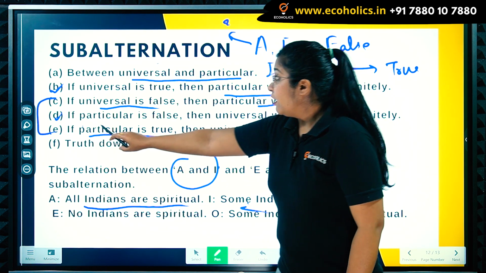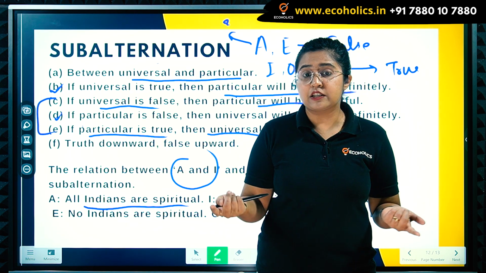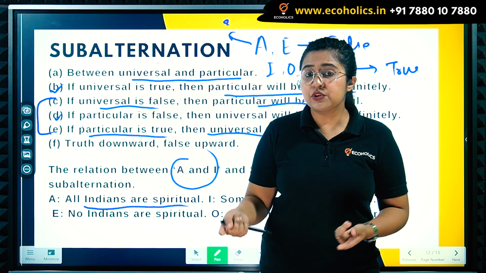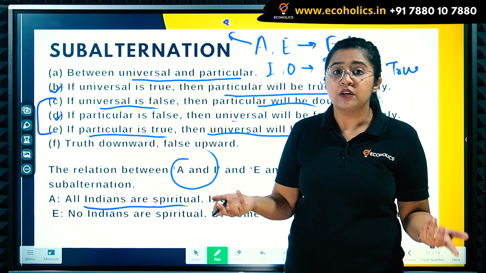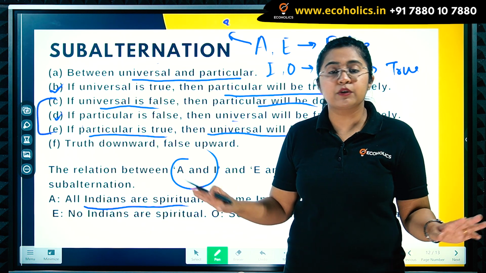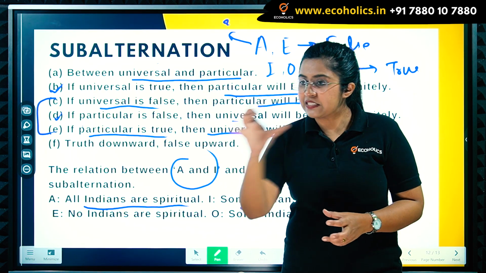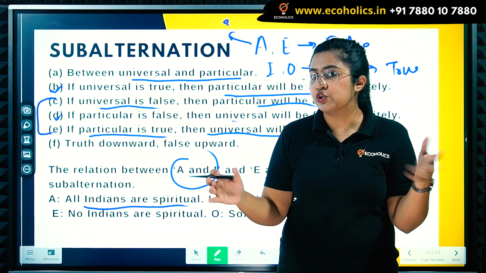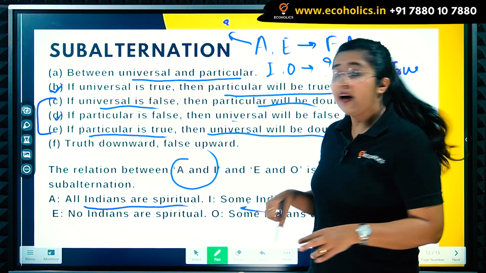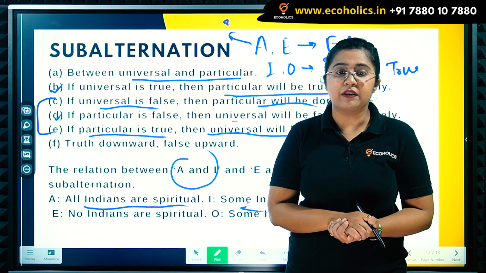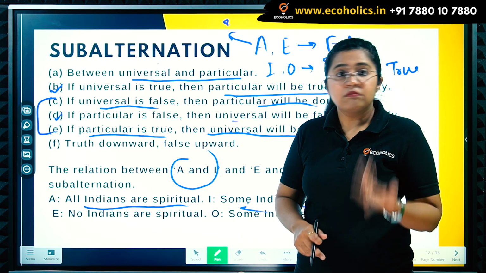Then if particular is false, some Indians are spiritual is a false statement, then universal also is supposed to be a false statement, because again you have direct information that if a specific portion is false, then definitely the whole portion also is false. And finally, if some Indians are spiritual is a true statement, then universal is doubtful.